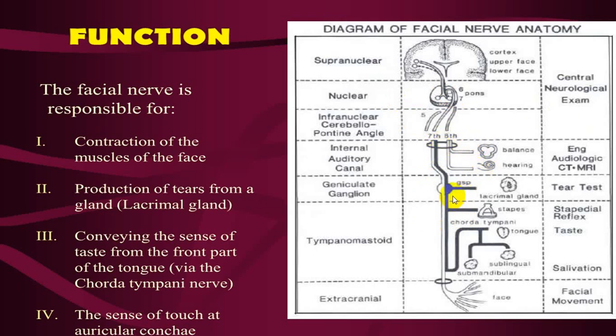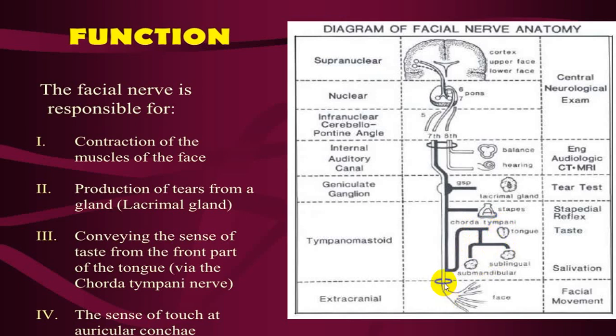In this facial canal, we'll have a branch which will be greater superficial petrosal, which will be supplying lacrimal gland. Then we will have the nerve to stapedius muscle, and we will have chorda tympani, which will be supplying anterior 2/3 of the tongue, as well as there will be fibers going to submandibular and sublingual gland, which will be taking part in salivation and taste sensation of anterior 2/3 of the tongue.